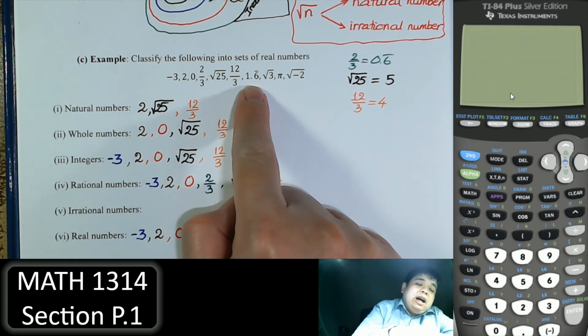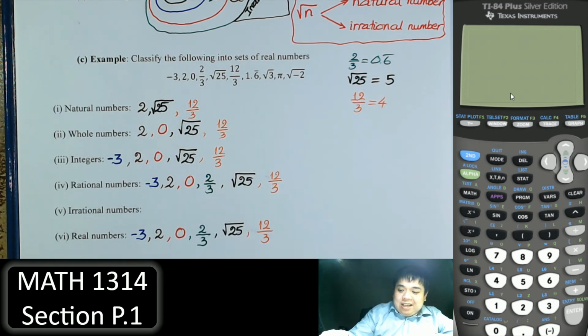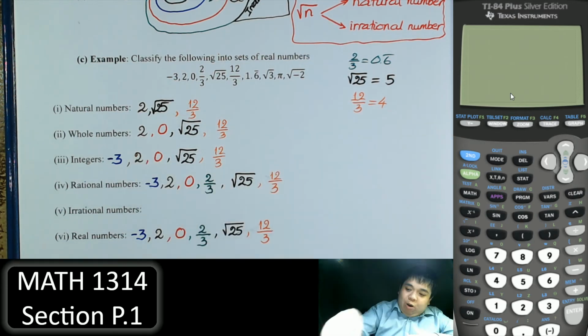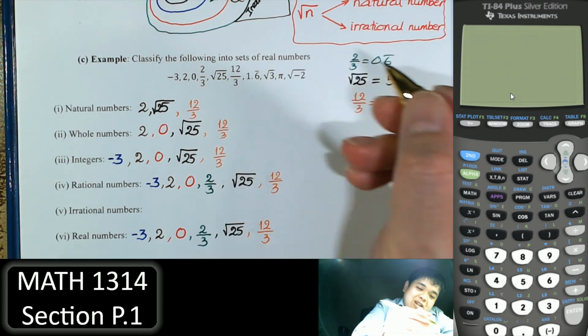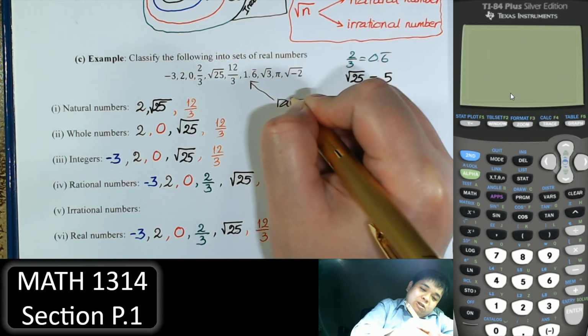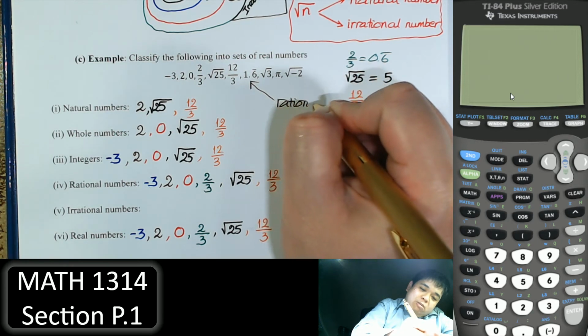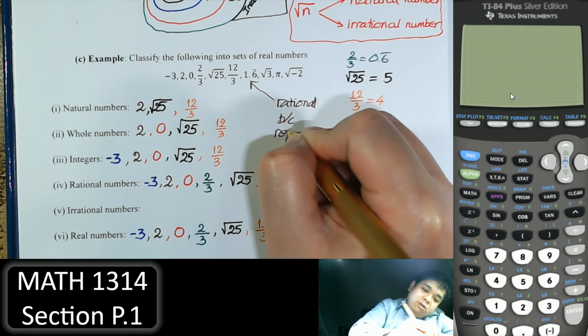Next we have 1.6 repeating decimal. A repeating decimal is a form of fraction, so this is easy. This is a repeating decimal, so this is a rational number, because of the repeating decimal.